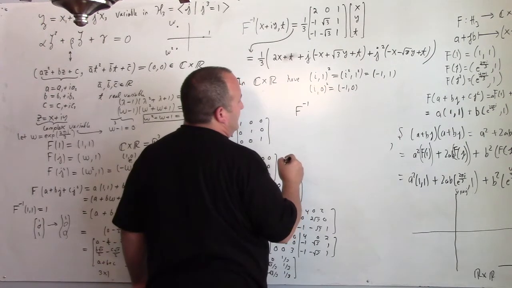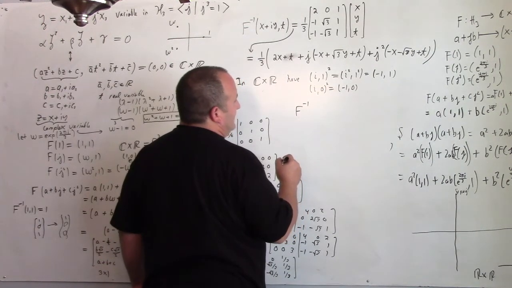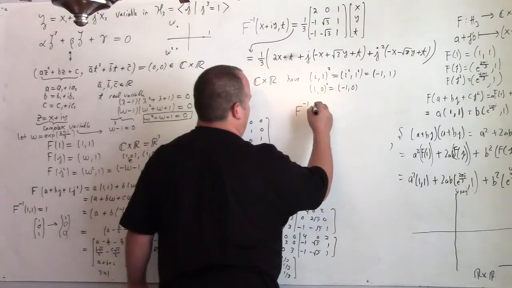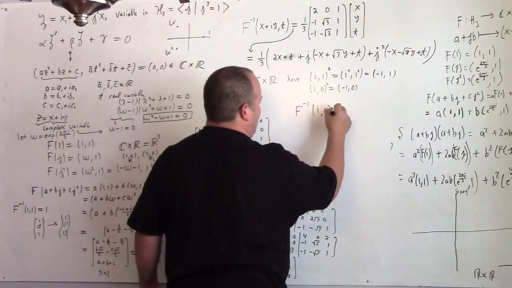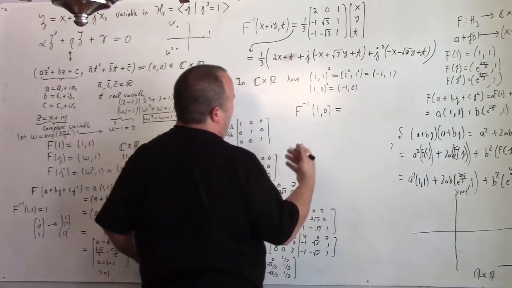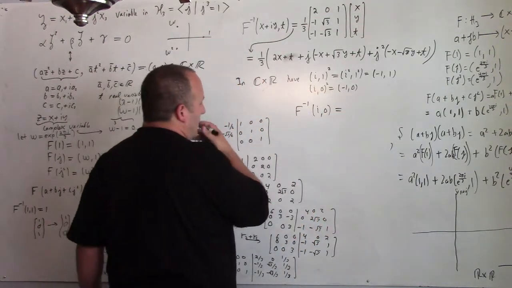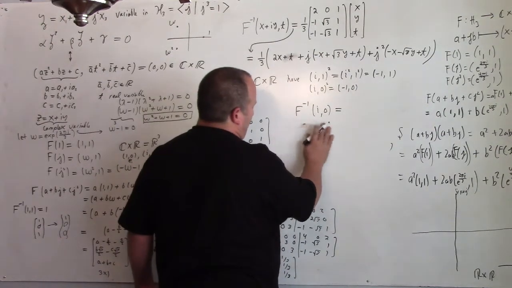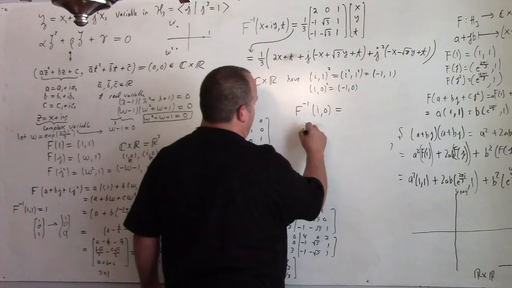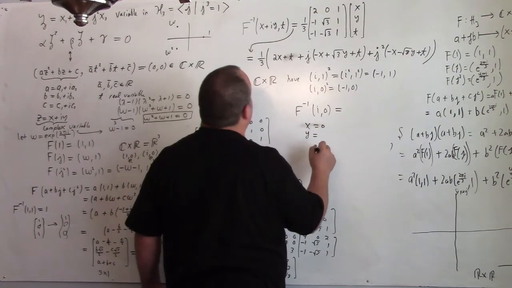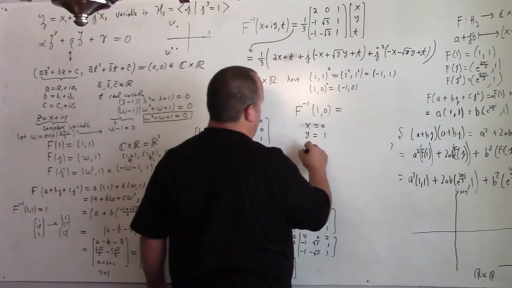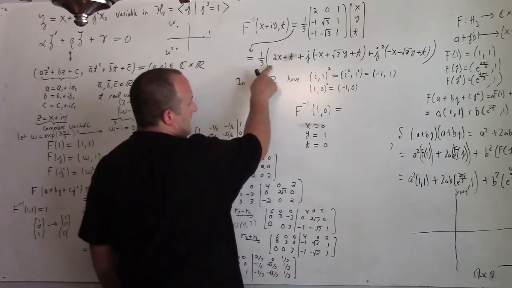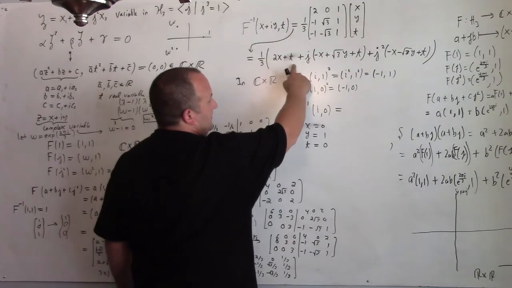Anyway, I don't know what this means, but F inverse of i, 0, what is that? X equal to 0, y equal to 1, t equal to 0, right?